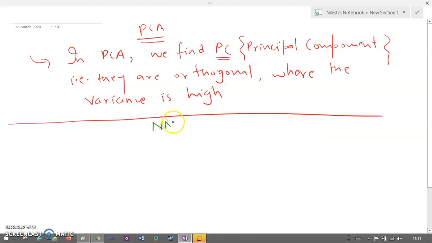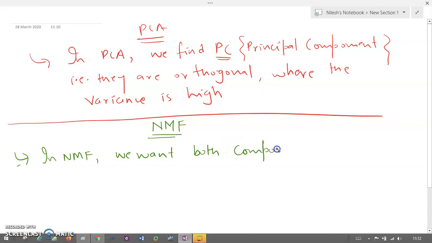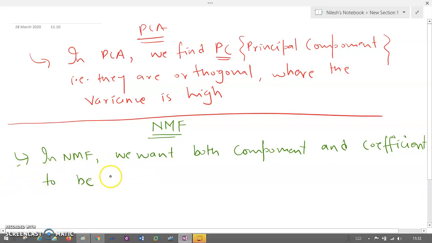So in NMF, that is non-negative matrix factorization, it says that here in NMF, we want both the component, that is the principal component, and the coefficient of that component to be non-negative.